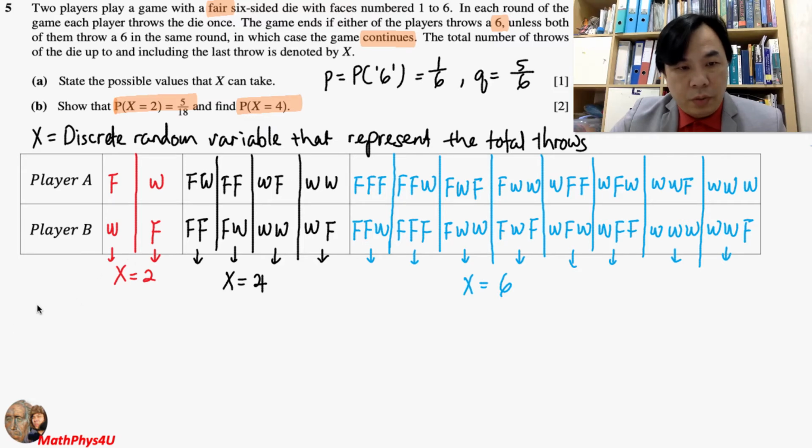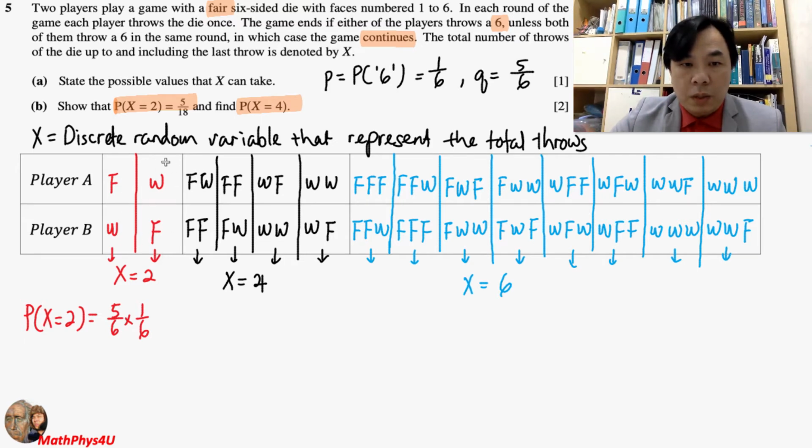Right, now for the first part, probability of x equal to 2. Now it's quite obvious from the table itself. The two possibilities. The first possibility says that one of the players failed to get a 6. The second player managed to get a 6. So therefore, failing to get a 6 will be 5/6, and then managing to get a 6 will be 1/6 there. So that is one possibility.